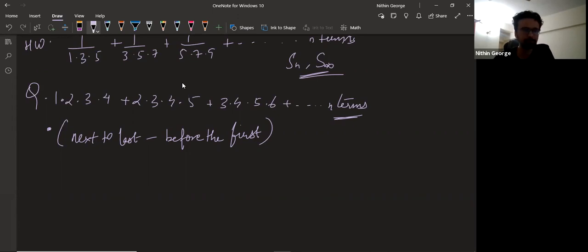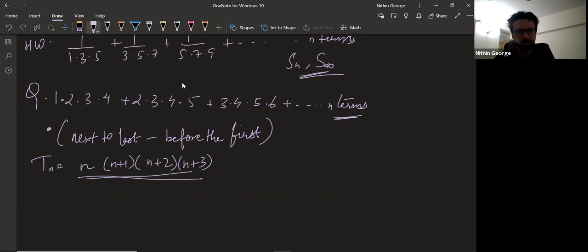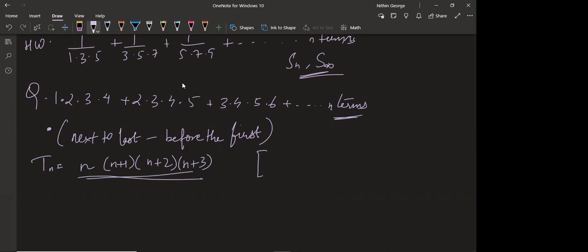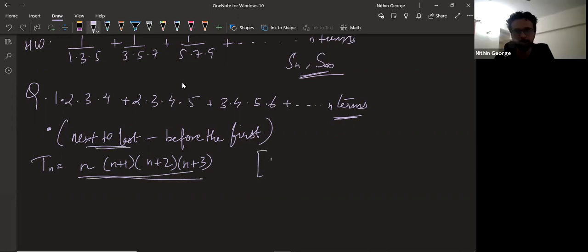So we have a question here. I can see that my nth term, I'll find my nth term first thing, okay? n into n plus 1 into n plus 2 into n plus 3, right? So these are a bunch of terms in AP. So next to last would be n plus 4, before the first would be n minus 1. Clear? All right. This is what I'm trying to form here.